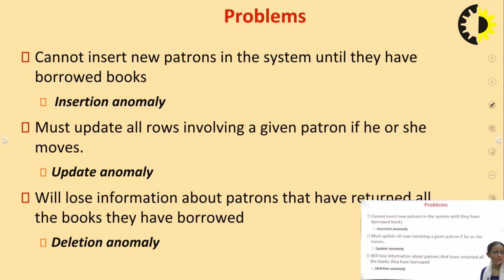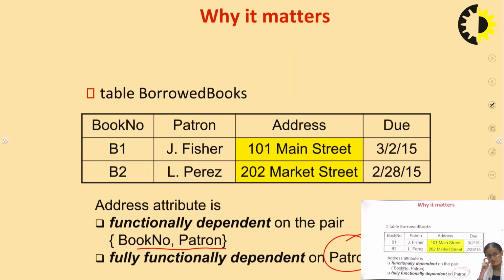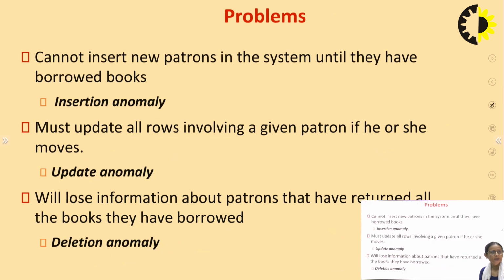So, what are the problems? We cannot insert new patrons in the system until they have borrowed books. Why? Because we have a dependency where the address attribute depends upon the patron attribute, and this gives rise to the insertion anomaly. Similarly, we must update all the rows involving a given patron.